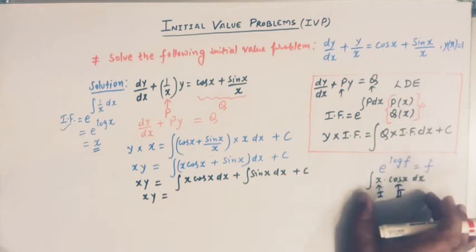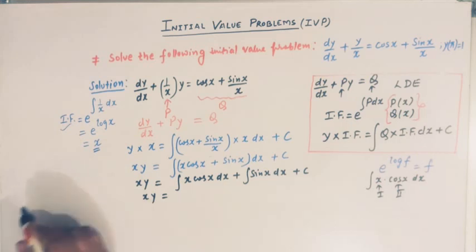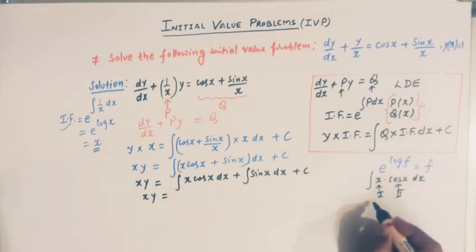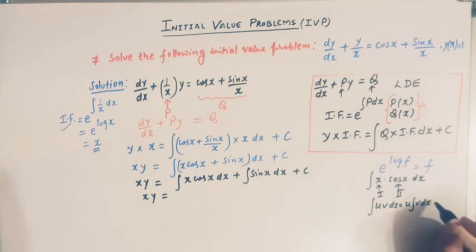So let us write the formula for integration by parts. The formula is the integral of uv dx is equal to u times the integral of v, minus the integral of the derivative of u times the integral of v dx, and here we have dx, right?